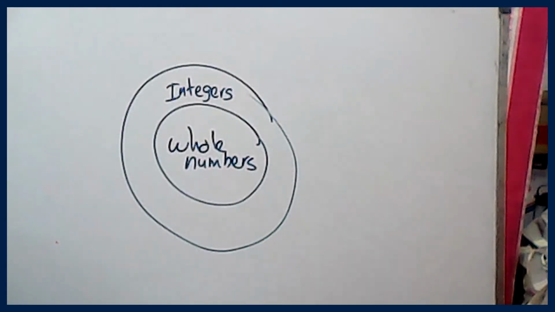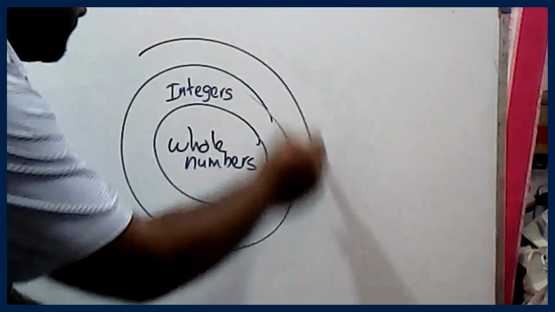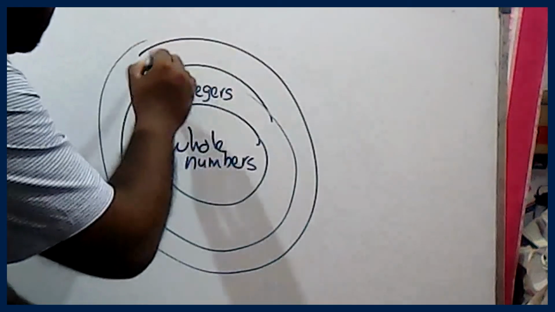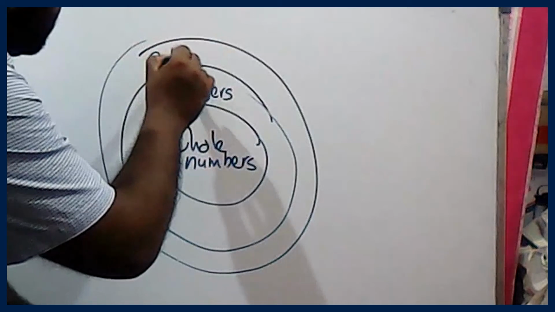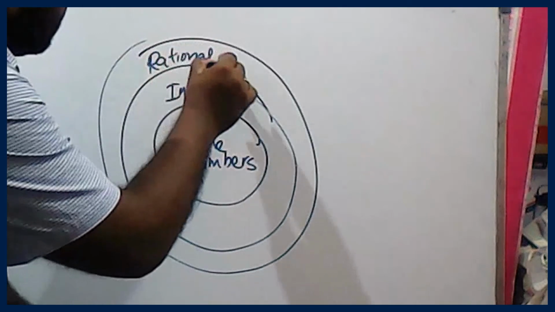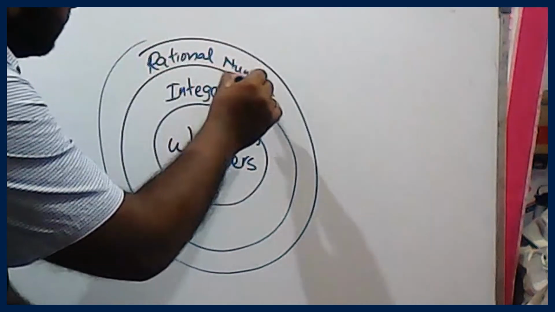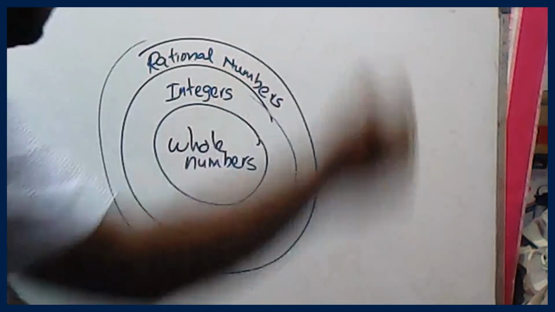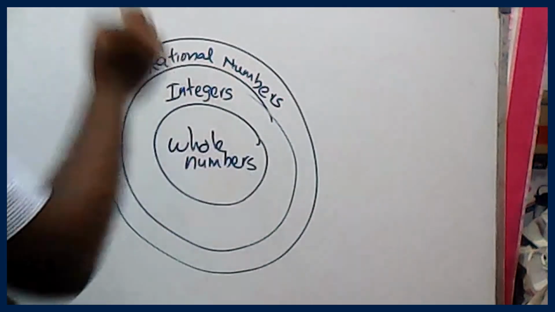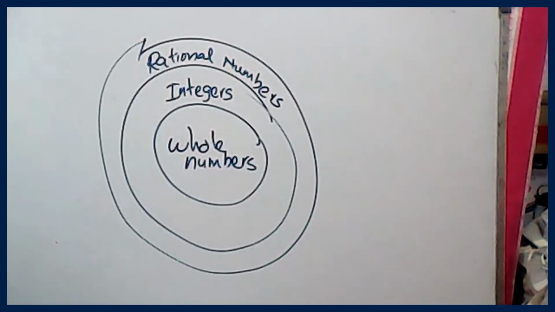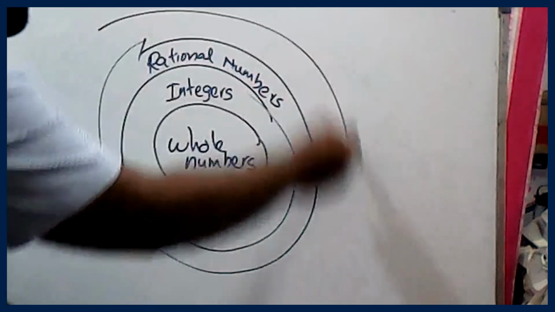You have integers. After that, you have rational numbers. And after that, you have real numbers.